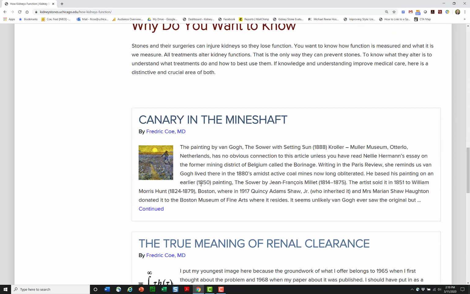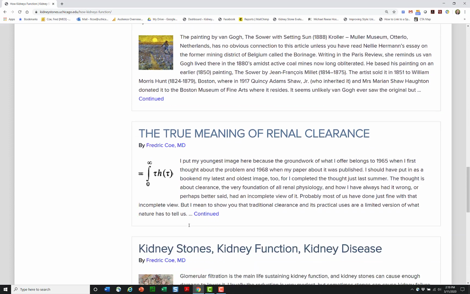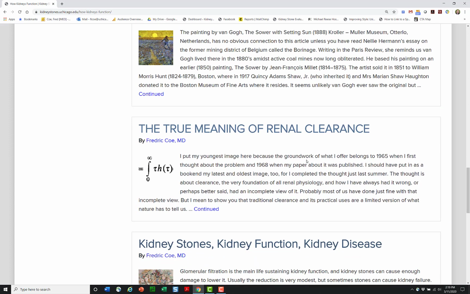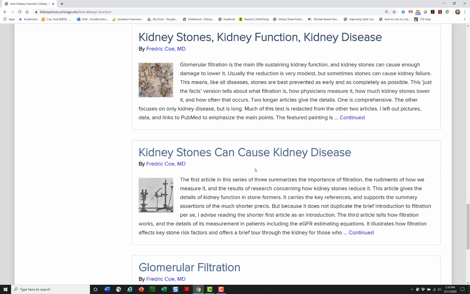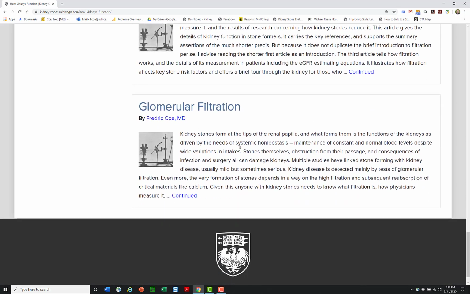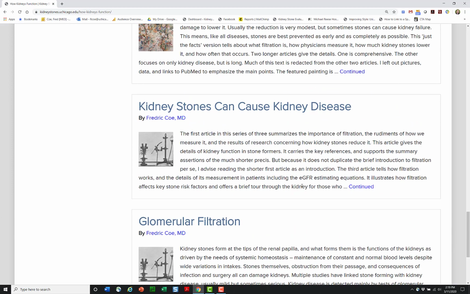Basically, this is a collection of articles about what happens to the kidney in stone formers, a very sophisticated article on the nature of kidney function, some specific articles on kidney function and kidney disease, and another one on the same topic, and one on how you measure kidney function, so-called glomerular filtration.